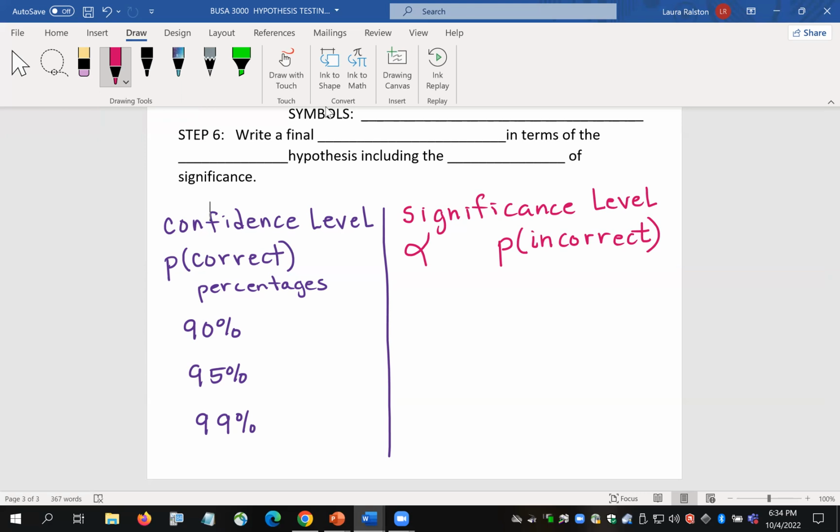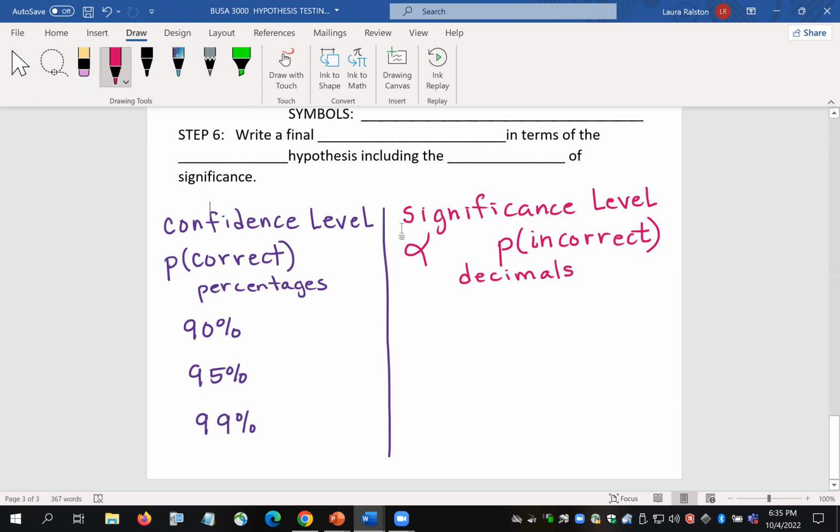So confidence level and significance level are related to one another. Confidence level looks at it from a positive perspective, whereas the significance level looks at it from a negative perspective. One other difference is typically your significance level is stated as a decimal rather than a percentage.